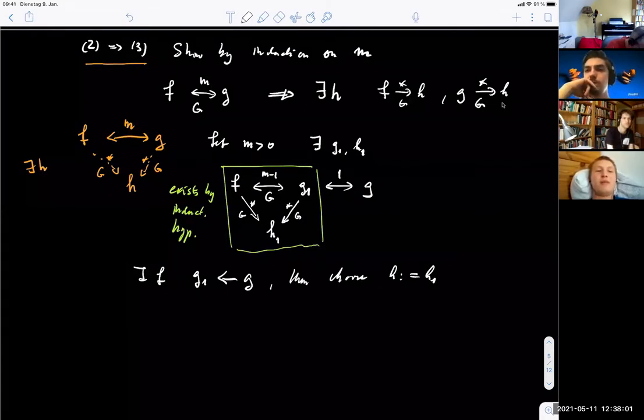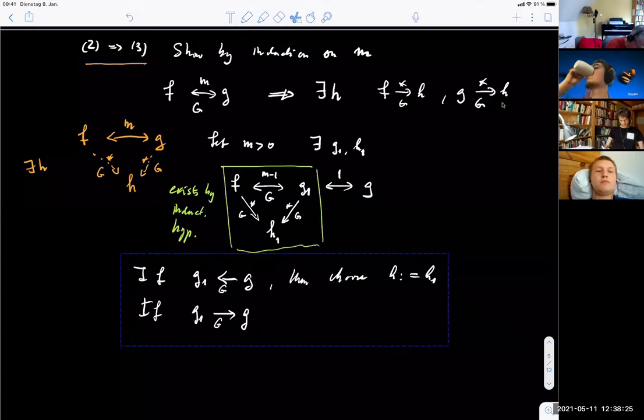The other case is more interesting. If G1 goes to G, I need a little more space, so I move this down.